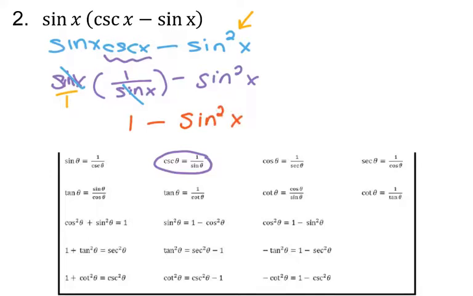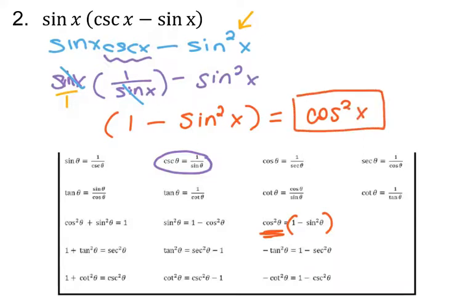Now we're going to continue to simplify because this entire binomial is equal to cosine squared x. So we're going to make that replacement. This is equal to cosine squared x. That's your Pythagorean identity. So we'll box this up, and that is your final answer.